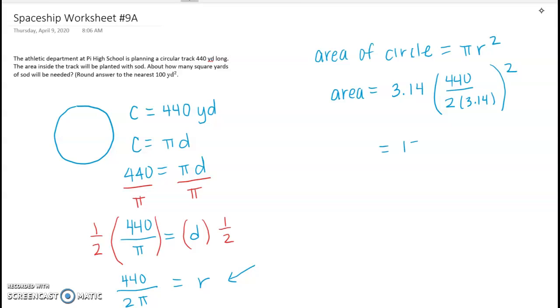Yeah, I'm getting 15,414, but they wanted us to round to the nearest 100, so we're going to round this to 15,400 yards squared.